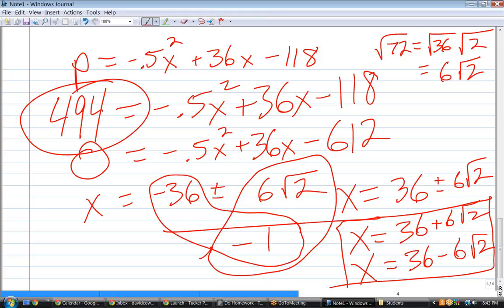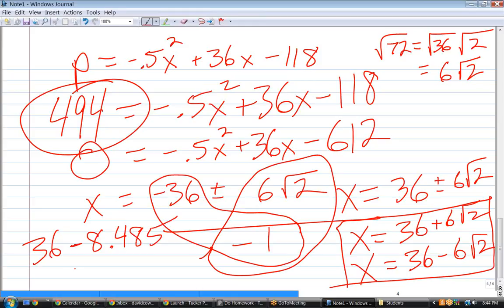So let's see. 6 times the square root of 2. Square root of 2 equals 1.4142. Let's multiply that by 6. So now we got 36 minus 8.485.